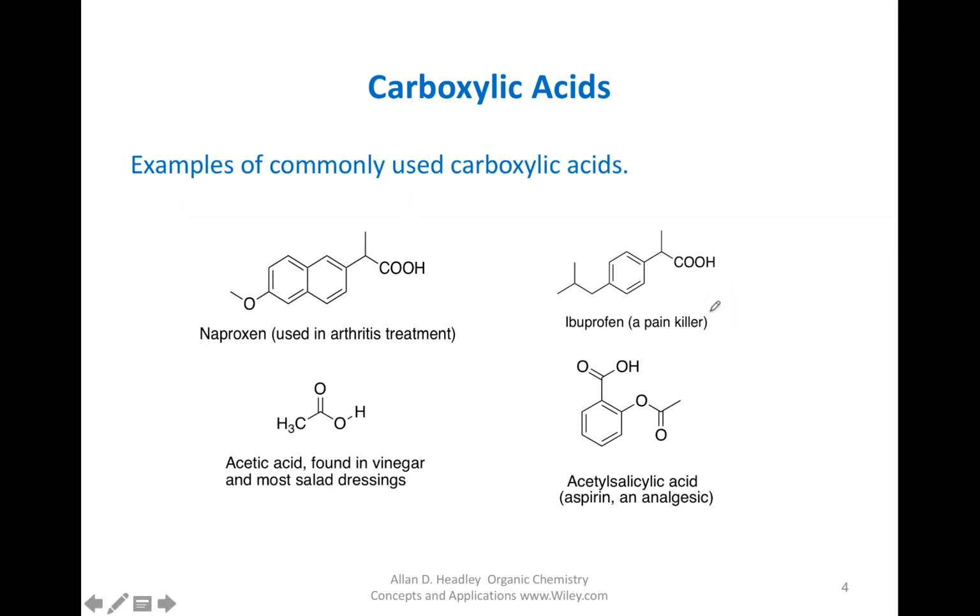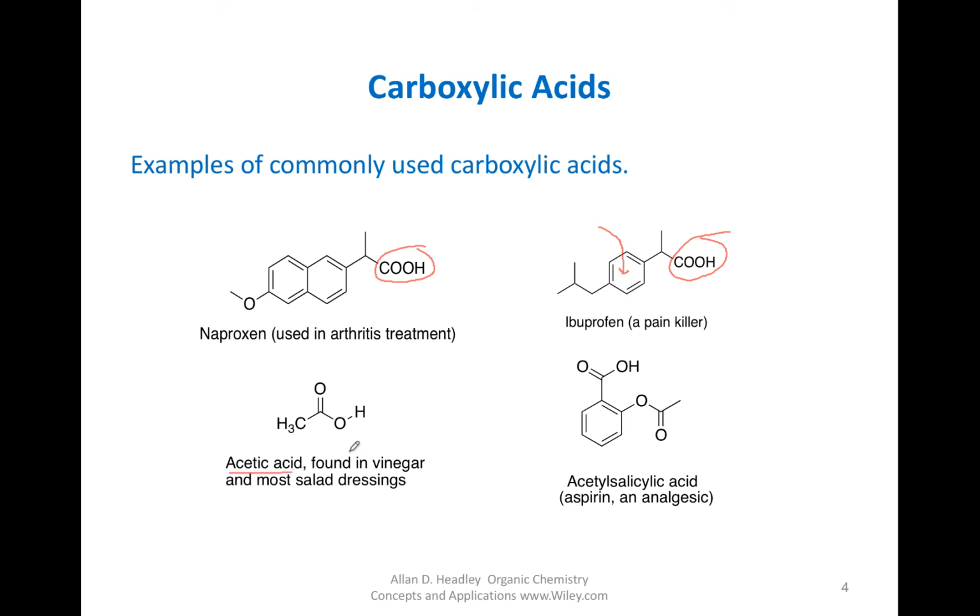Let us look here at some common ones that we are familiar with. Here's one that's used in the treatment of arthritis. Here is a functional group, carboxylic acid, naproxen. Ibuprofen, it is a carboxylic acid. Granted, now we know it is aromatic, or benzene ring is also present.